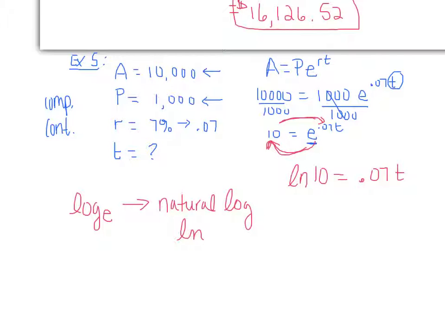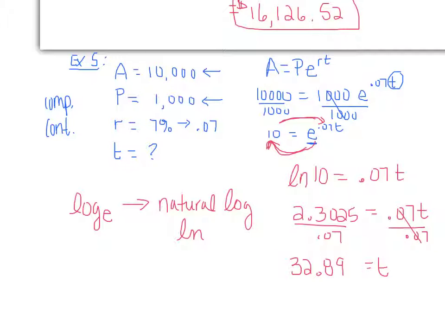Well, now I can do ln of 10, the natural log of 10, on my calculator, and I get approximately 2.3025, but I'm going to store that into my calculator. It's equal to 0.07t. So in order to get t by itself, I'm going to have to divide by 0.07 on both sides. So do that on your calculator. And for t, we get about 32.89 years.